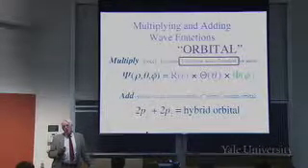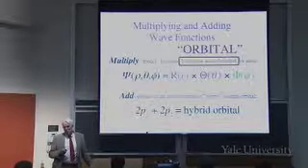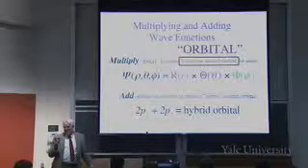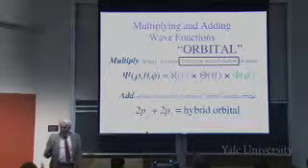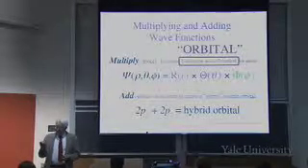What's it a function of? What variables do you put in to get a value out? How many variables? Sophie? 3. What are they? The position of that electron, the one electron.